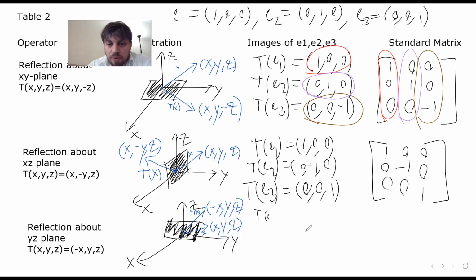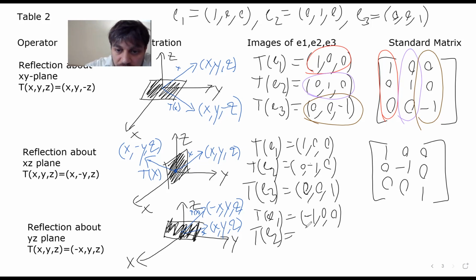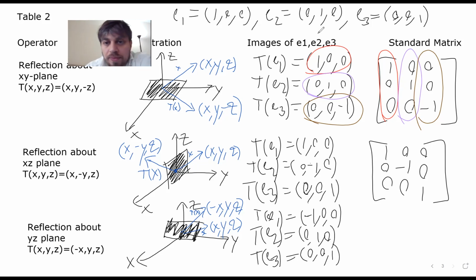So T of E1 is negating the x component, which changes the vector to negative 1, 0, 0. T of E2 negates the x component, but doesn't change the vector because the x component is 0. And then T of E3 is equal to 0, 0, 1.